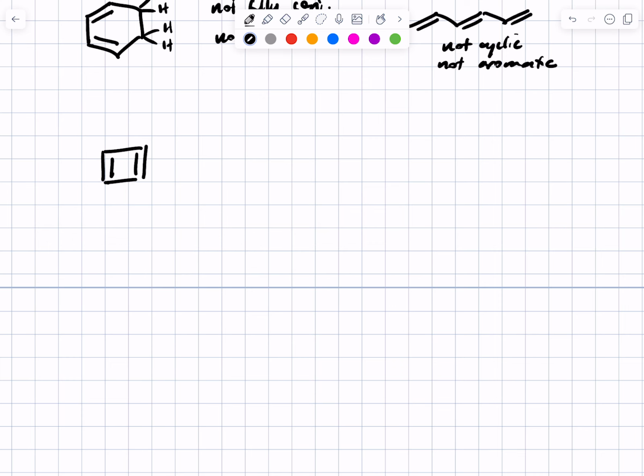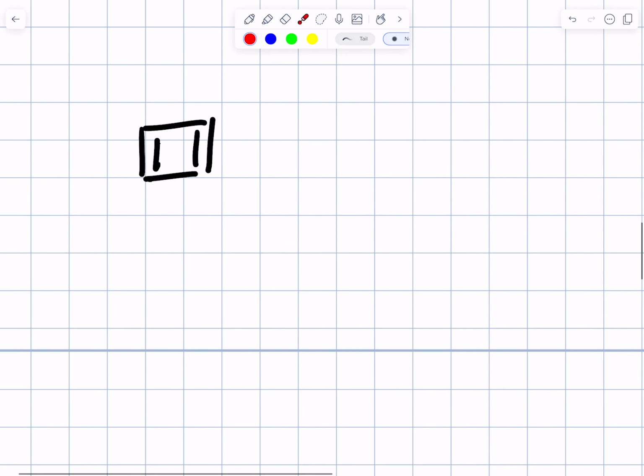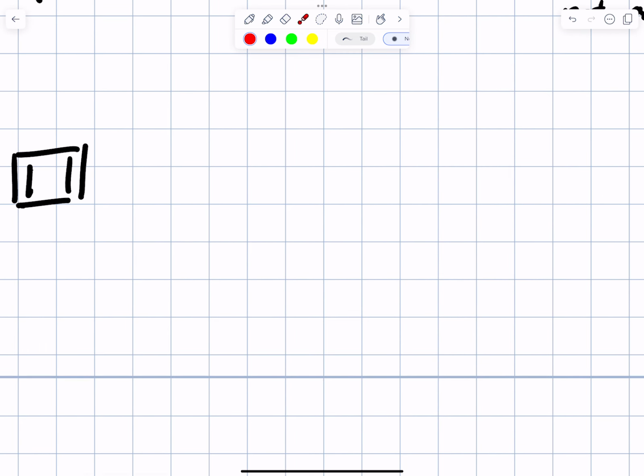And even then, cyclobutadiene tries to increase the length of these sigma bonds to pull those pi bonds a little bit out of conjugation. So yeah, distortions of geometry are really common for anti-aromatic compounds. And you'll see this. But what I want you to do is to be able to detect when a molecule would be anti-aromatic. Yeah, go ahead.